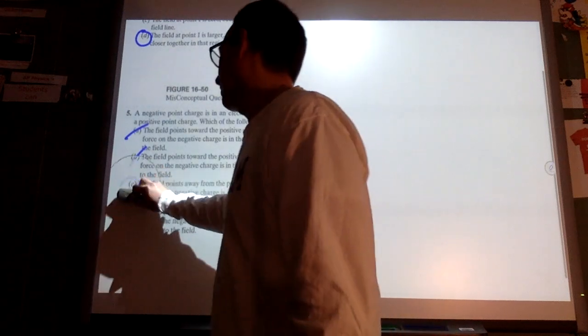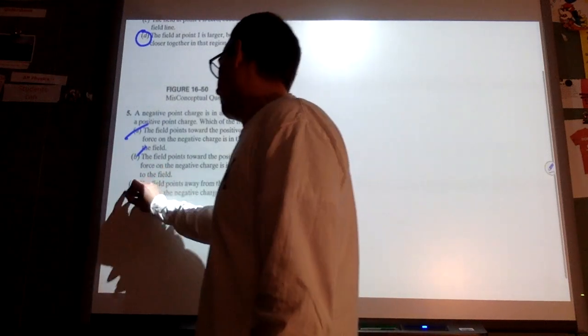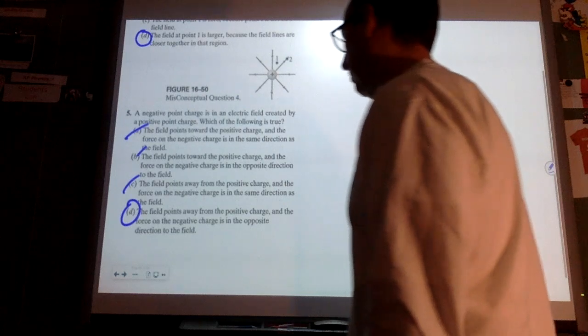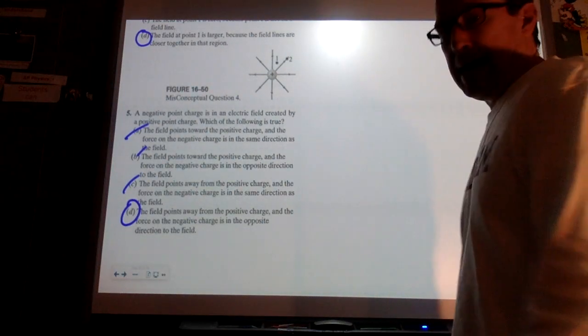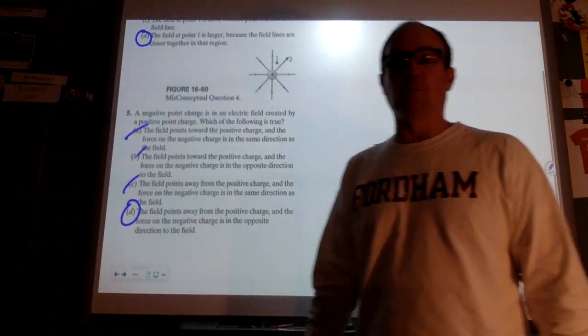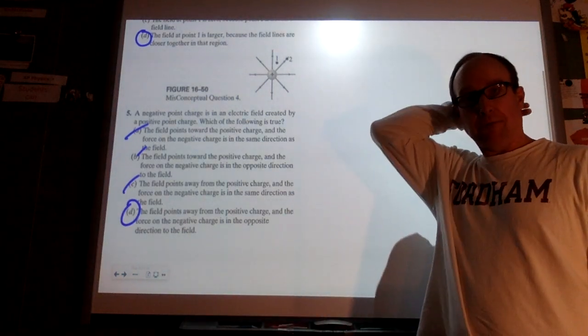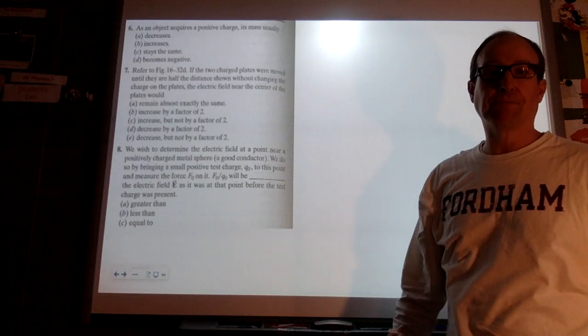No. That one's not right either. It's going to be D. The field points away from the positive. That's the way they point. And the force on the negative would be opposite, because the field's defined as what a positive point charge would feel. And we're saying that the force is in the opposite direction.